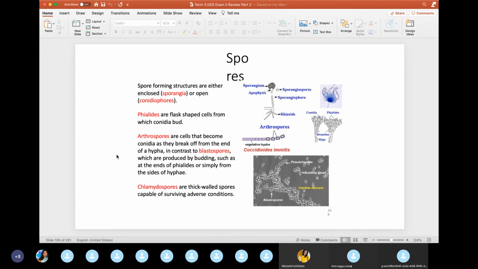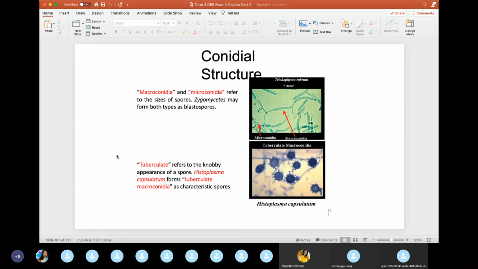Contrast this with blastospores, which are produced by budding, such as at the ends of phialides or simply from the sides of your hyphae. And chlamydospores are thick-walled spores capable of surviving adverse conditions.